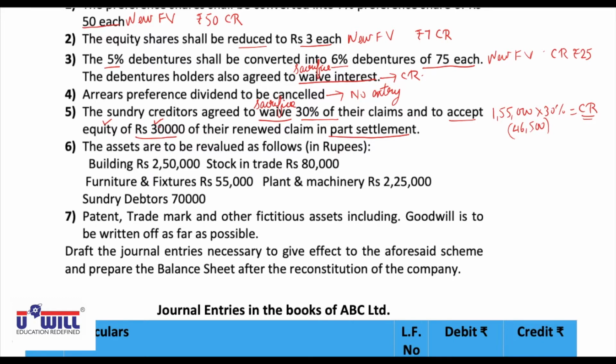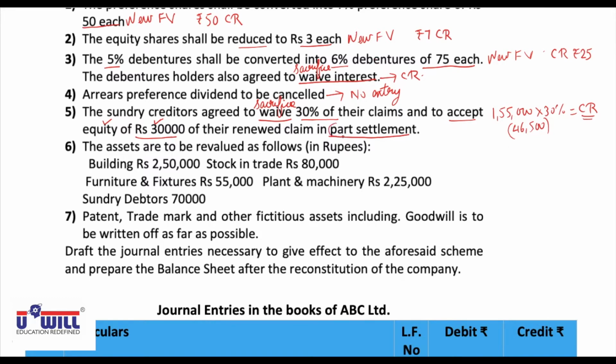Right now the settlement is done of only 76,500 of their renewed claim in part settlement. So from 1,55,000 only 76,500 is settled, and the remaining amount, 1,55,000 minus 76,500, that is 78,500, will continue to appear in the balance sheet in liabilities.